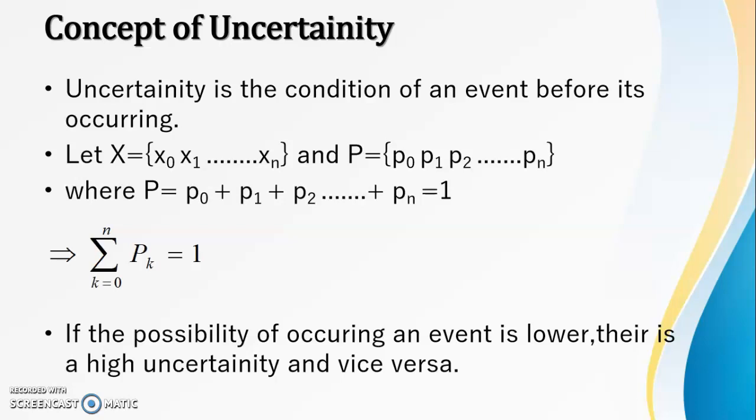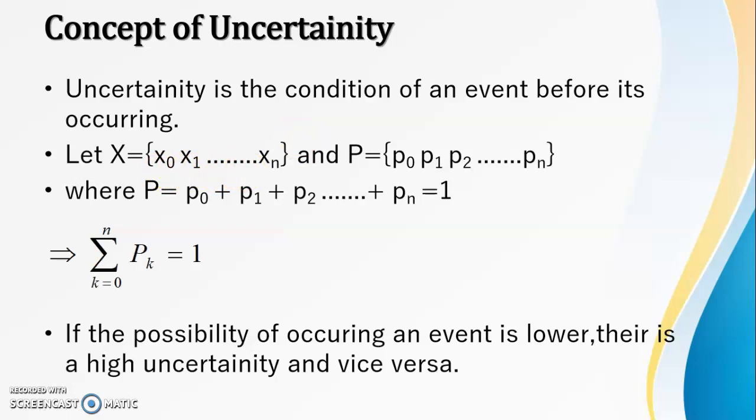If an information is denoted by X, which is a fixed set of alphabet, x0, x1 up to xn, and the probability of occurrence of this alphabet is P, where P equals P0, P1 up to Pn, where P0, P1, P2 all are the probabilities of occurrence of x0, x1 up to xn.